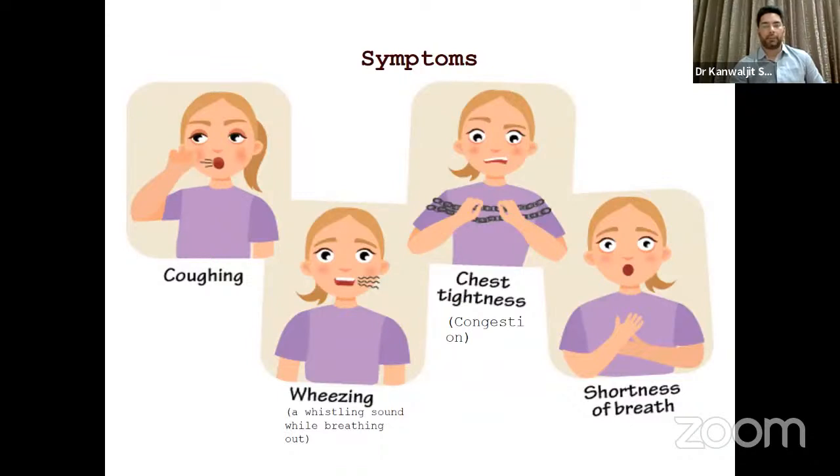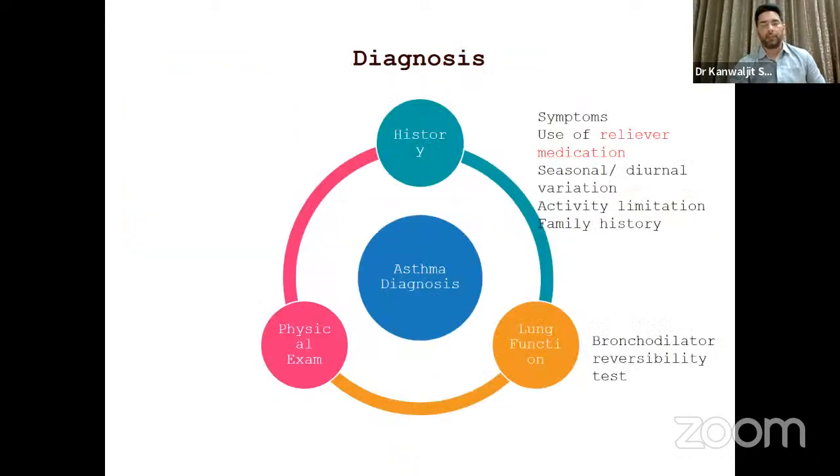The patient also complains of chest tightness or congestion, and when there is severe bronchospasm, the patient also complains of breathlessness. This breathlessness is on and off, and it decreases on its own and it worsens on its own. So these are the symptoms which a patient complains of when he comes to your OPD.